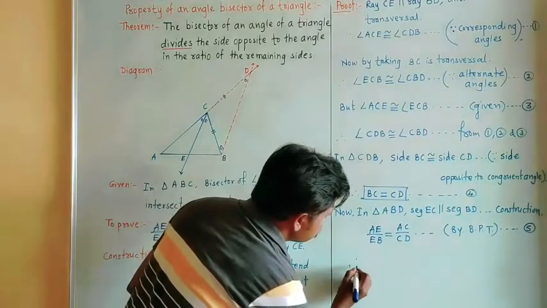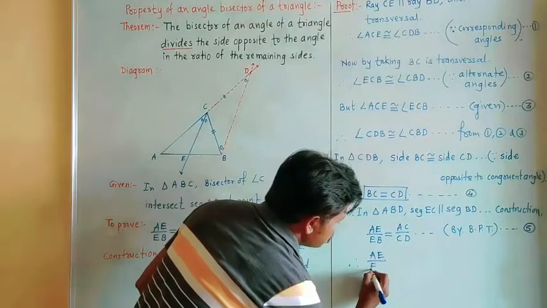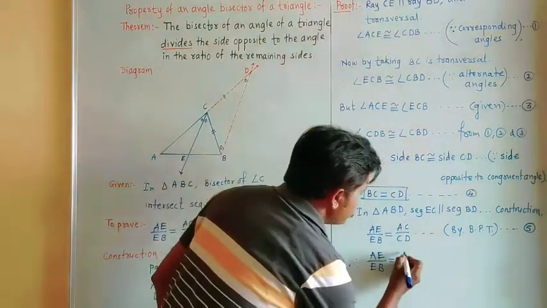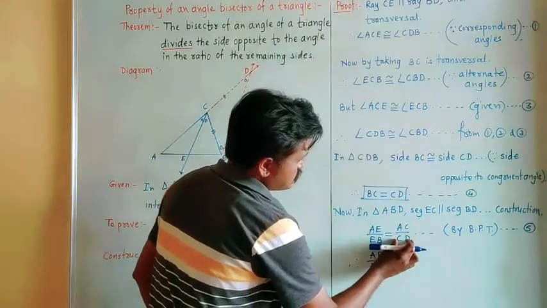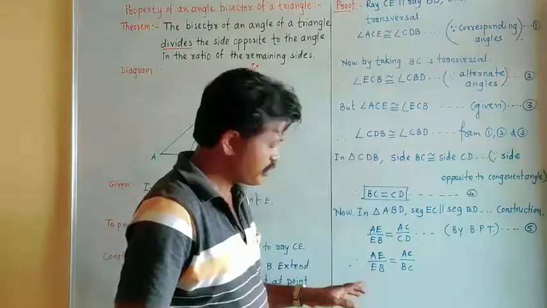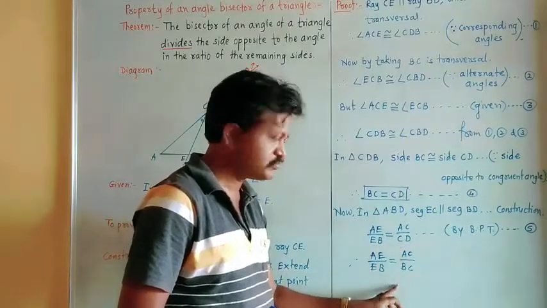Therefore AE upon EB is equal to AC, same as it is, upon BC. We get one more ratio: AE upon EB is equal to AC upon BC.